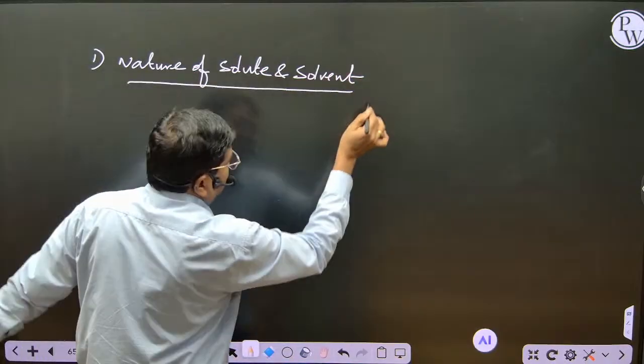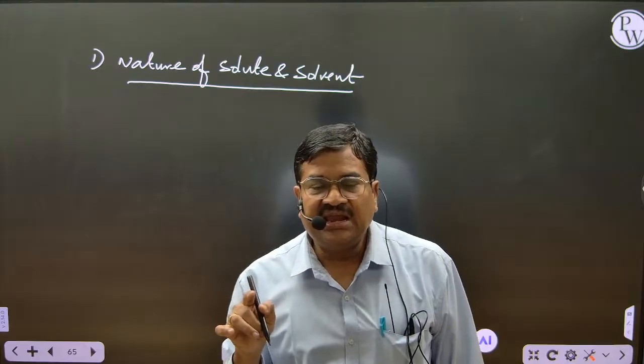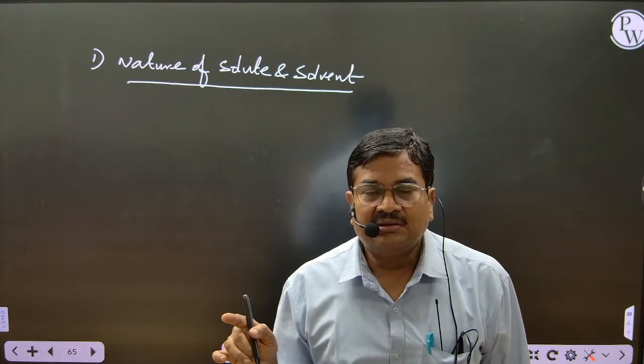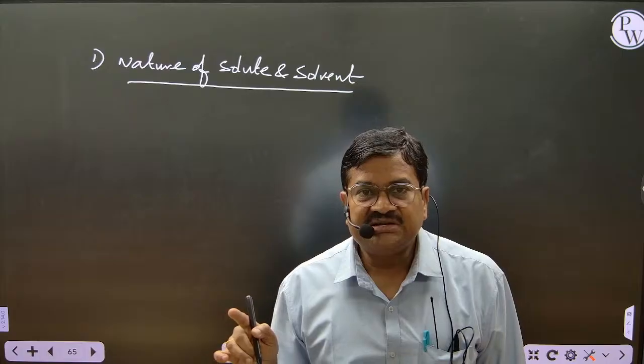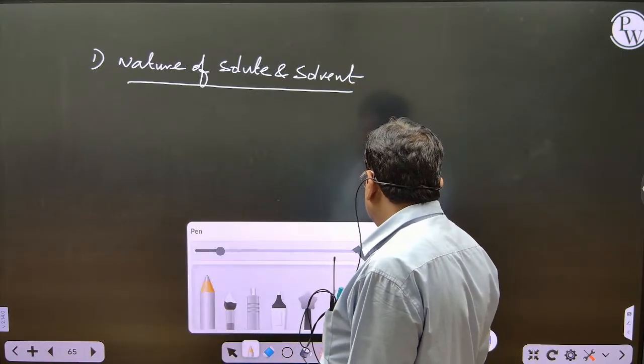Now see student, might be heard in first year chemical bonding, a phrase is there, like dissolves in like. Do you heard this phrase? What is that phrase say? Like dissolves in like.